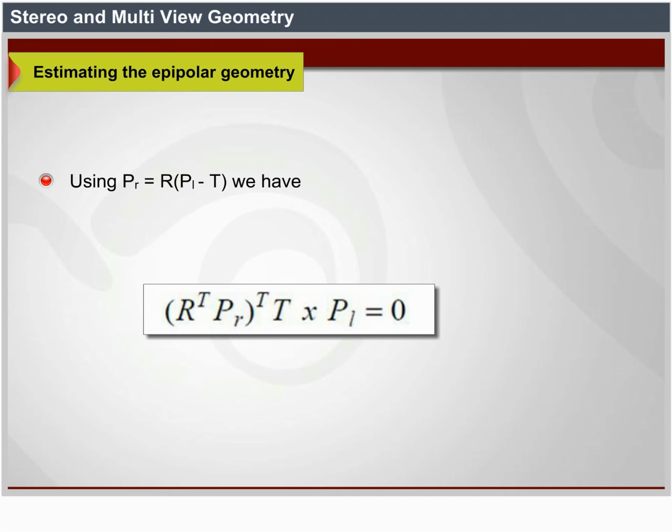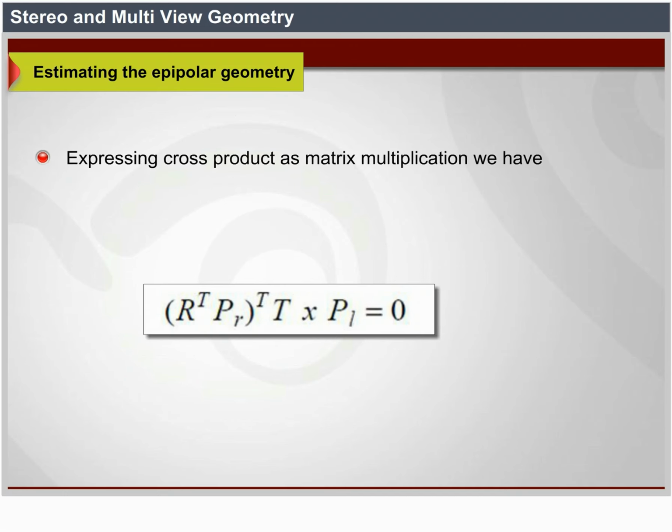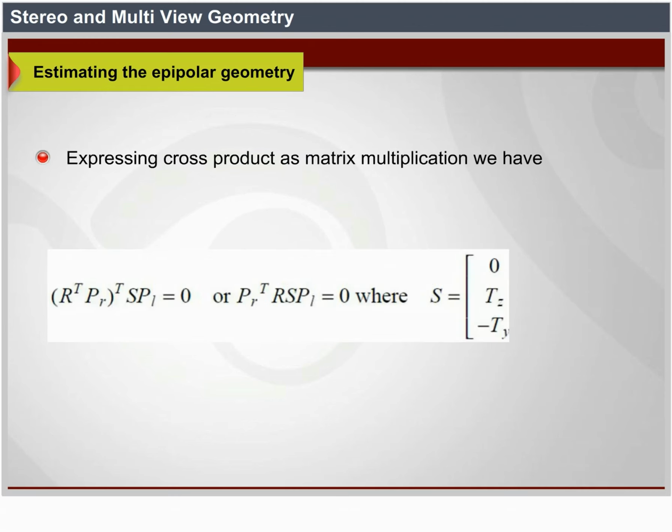Expressing the cross product as matrix multiplication, we have (R raised to the power T, PR) whole raised to the power T, S PL equals 0, or PR raised to the power T, R S PL equals 0, where S equals [0, -TZ, TY; TZ, 0, -TX; -TY, TX, 0].